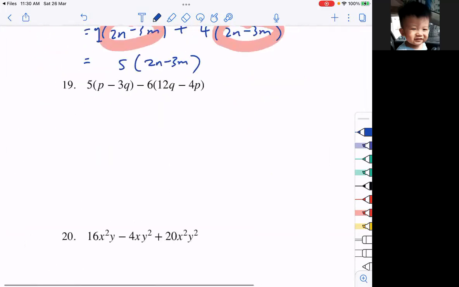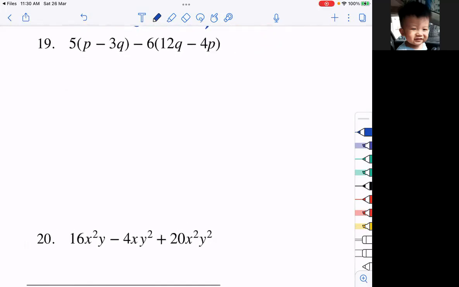Okay, Question 19. Who can give me an idea how to start? Don't know? Don't take too long.